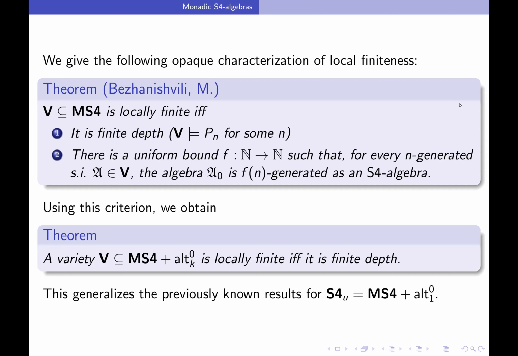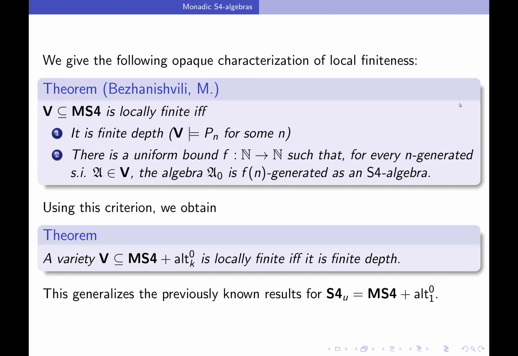I'm not going to bother defining the formulas here, but we identified this family of formulas that we call alt 0k, just a modification of the modal formulas alt k, if you're familiar with those. And we show that for these varieties, for any k, they will be locally finite exactly if they're finite depth.